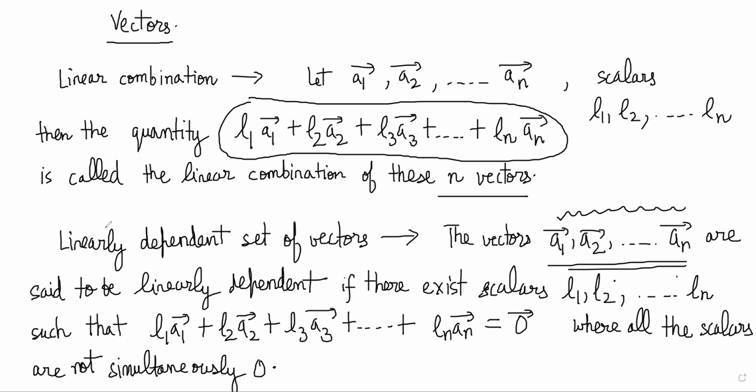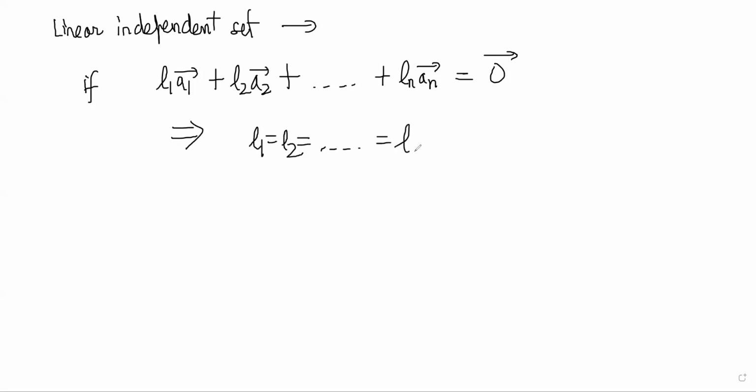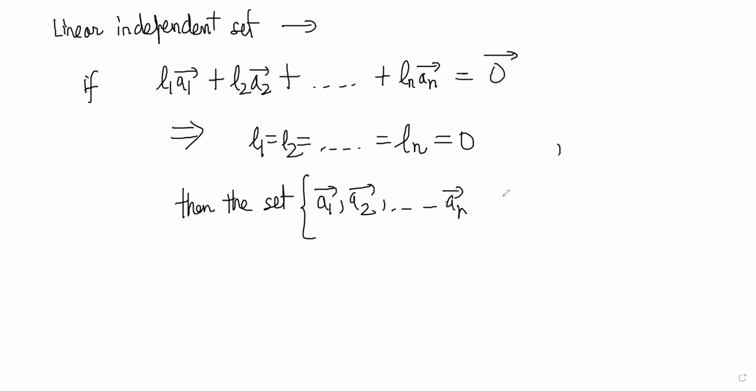Now, what is linearly independent? So, a linearly independent set is basically again the same thing. If the linear combination L1 A1 plus ... plus Ln An is equal to the zero vector implies that L1 is equal to L2 is equal to Ln is equal to 0, then the set A1, A2 till An is a linearly independent set.